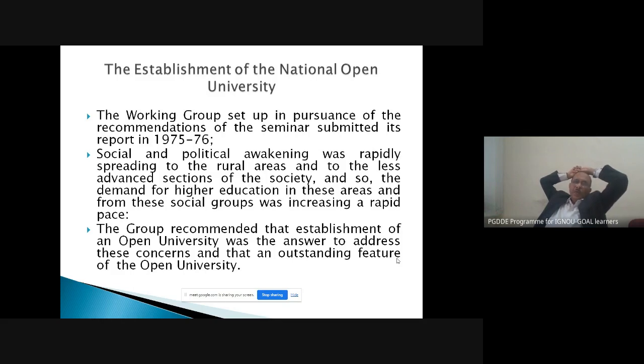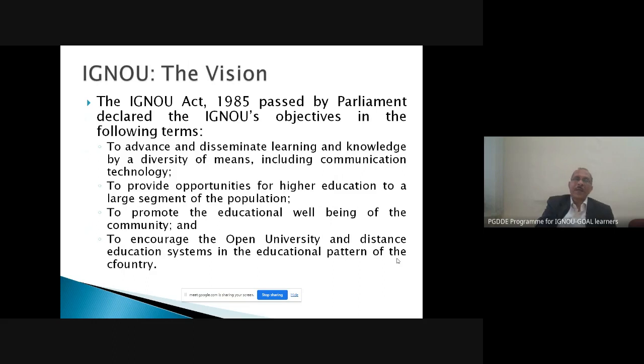This working group recommended that the establishment of an open university was an answer to address these concerns. So even the working group in 75-76 recommended that, after all these years of discussing and debating, let us move ahead with the establishment. That's how came IGNOU.